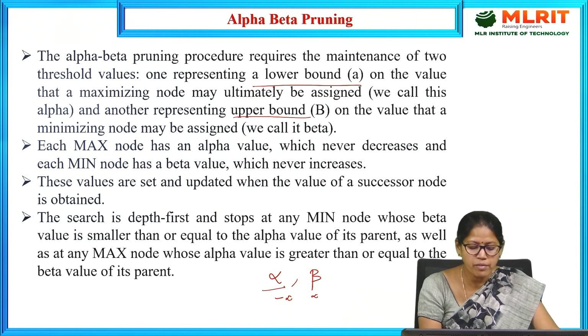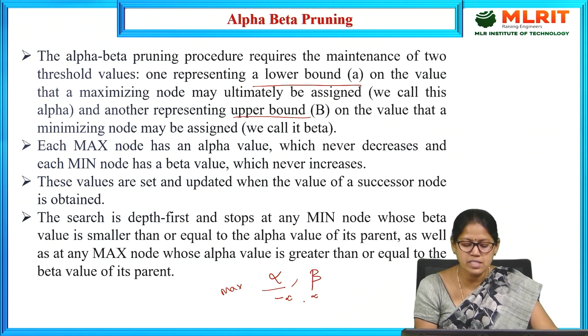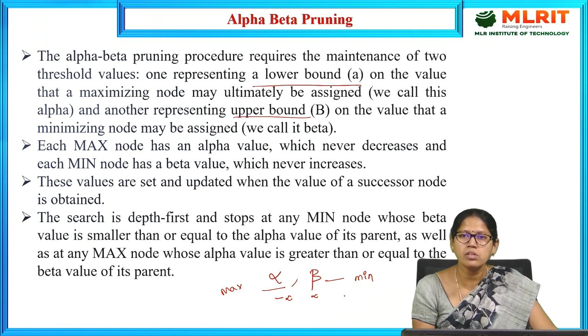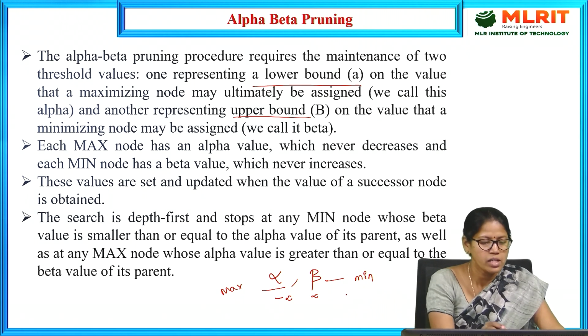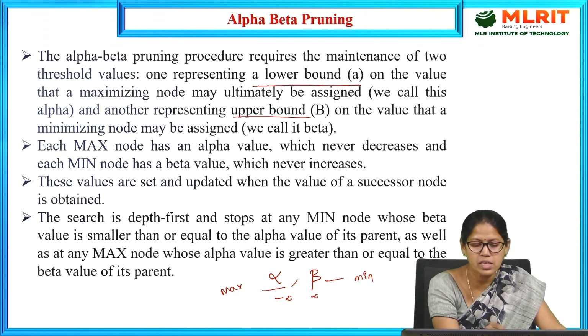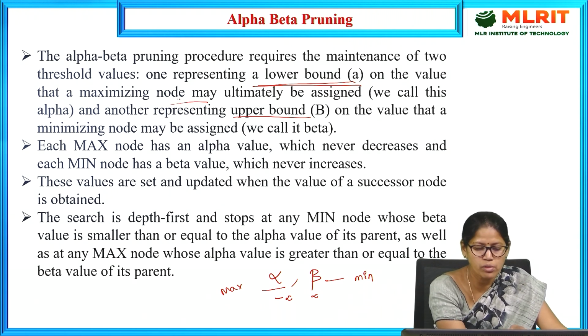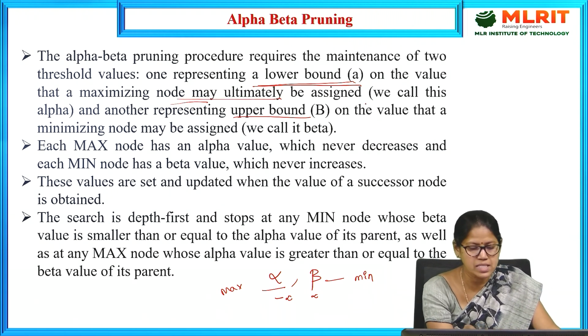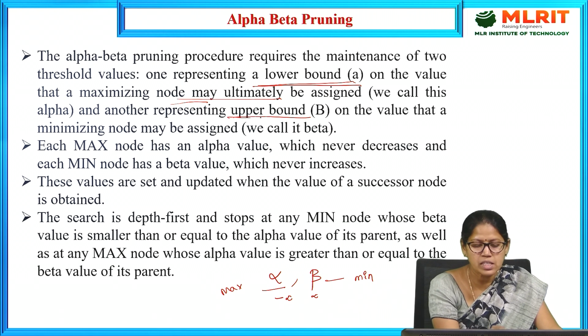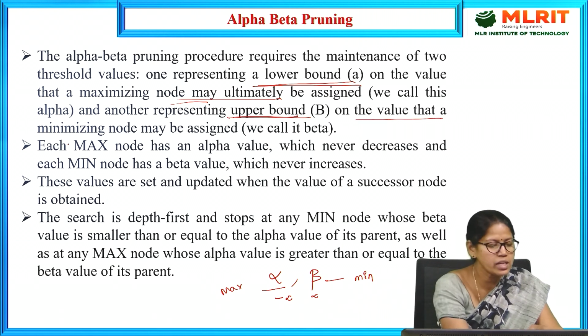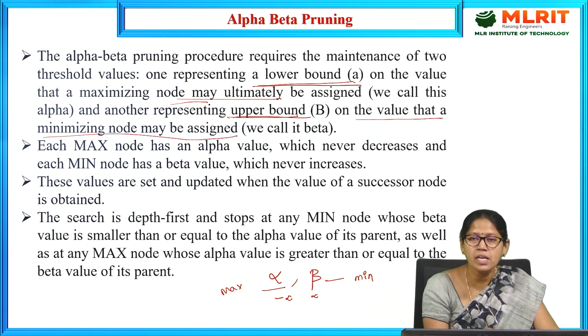Alpha chooses the maximum value and never decreases. Beta chooses the minimum value and never increases. Alpha is the lower bound on the value that a maximizing node may ultimately be assigned, and beta is the upper bound on the value that a minimizing node may be assigned.